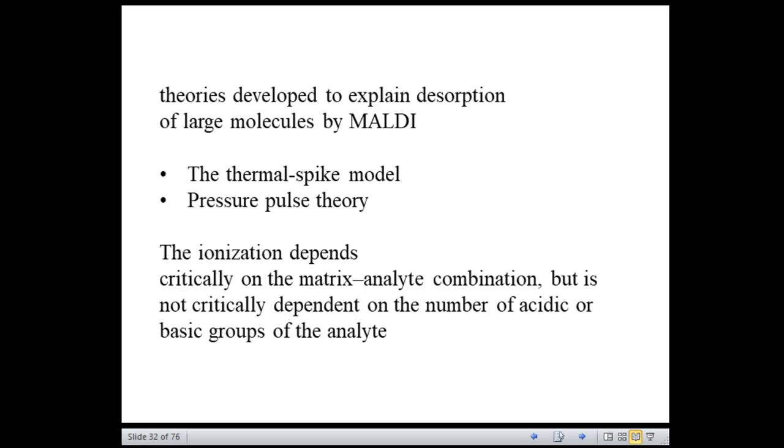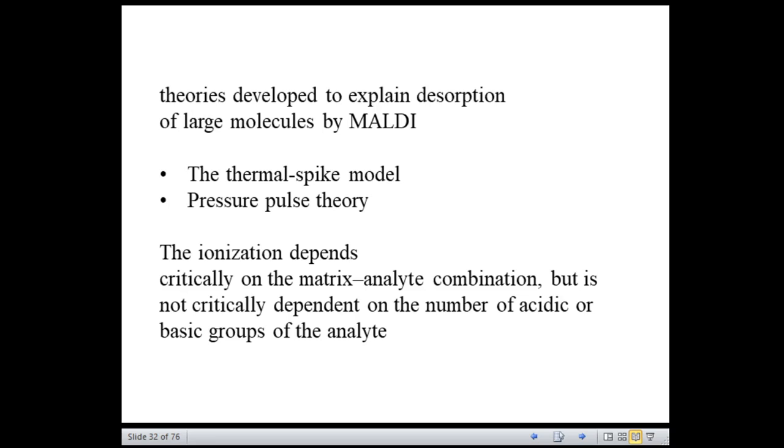So whatever compound you choose as a matrix, the matrix should exhibit a complex interaction with the analyte, because the ionization doesn't depend on the number of acidic or basic groups of the analyte. It all depends on the matrix analyte combination. The complex interaction is more critical in the process of ionization.